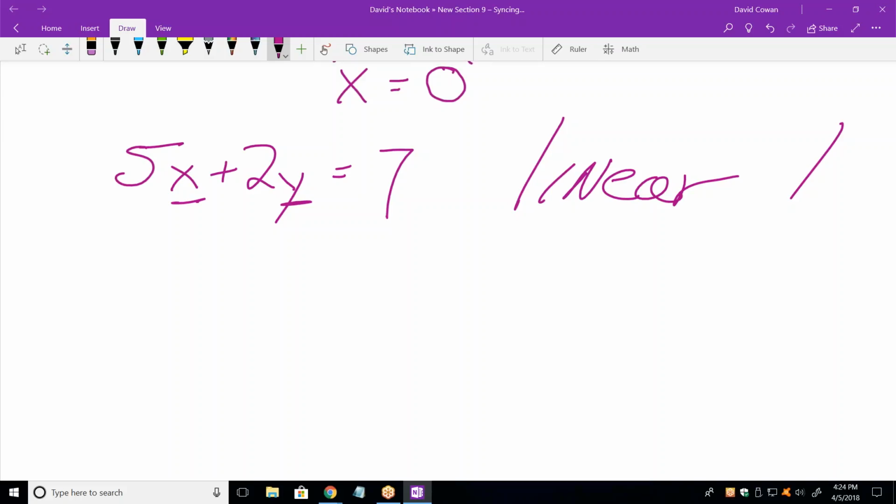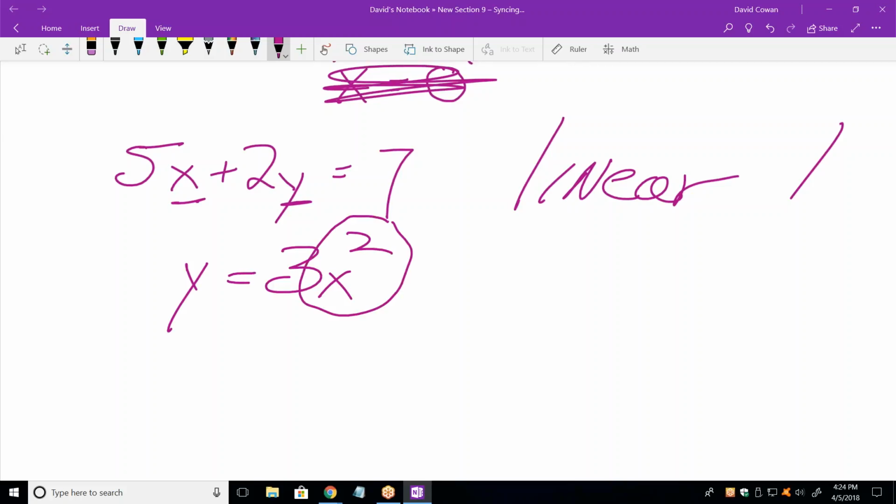So I was about to say, so would B be a parabola then? But you couldn't see B. So B is y equals 3x squared. Exactly. The fact that one of the variables is squared makes it quadratic, makes it a parabola.